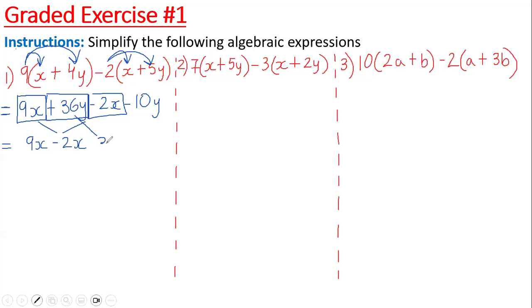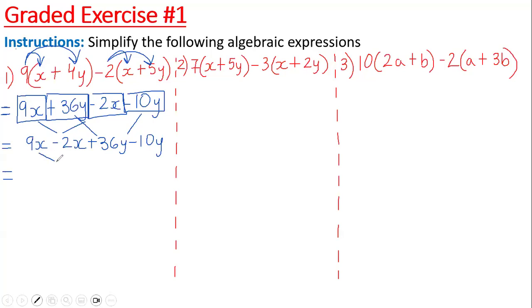So plus 36y. Minus what? 10y. Minus 10y.